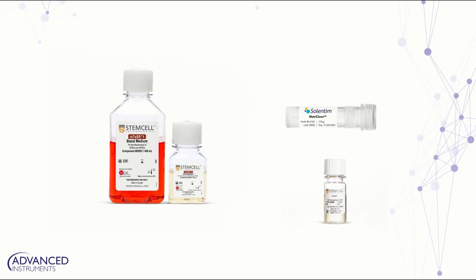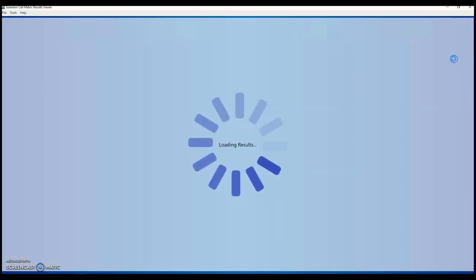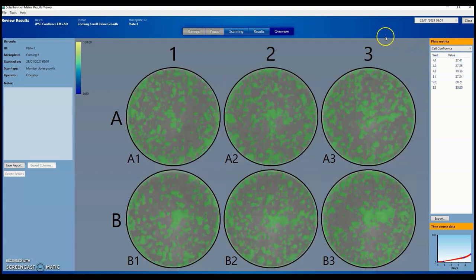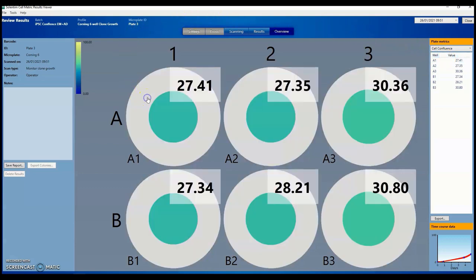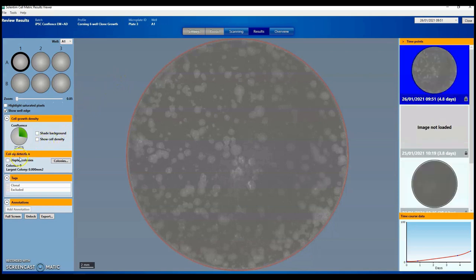Outgrowth medium should consist of stem cell growth medium supplemented with ROCK inhibitor and matriclone. iPSCs for seeding should be selected from a 6-well culture plate which is approximately 50 to 60% confluent. The iPSC cell suspension should be titrated to a single cell suspension.